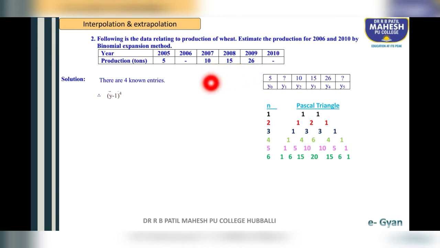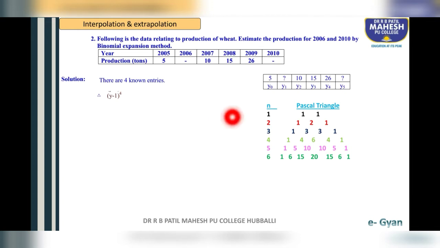So this means 4 known values of y are there. Therefore the expansion becomes (y minus 1) raised to 4. So this means n value is 4, because known values of y are 4.